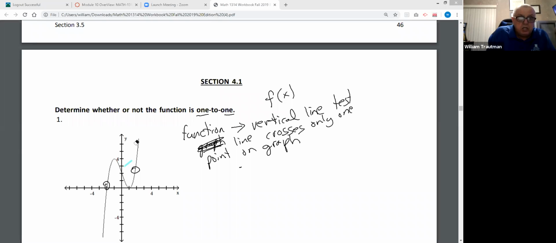Now, to determine if a function is 1-to-1, and we'll figure out what 1-to-1 means in a little bit, we're going to do something called the horizontal line test.